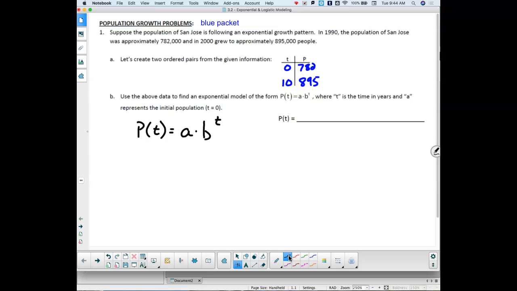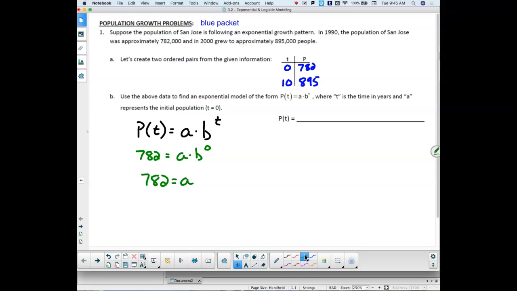Or 2, I could plug in the point 0, 782, and I would say 782 equals a times b to the 0 power, and b to the 0 power is 1, which just leaves me with a as 782.